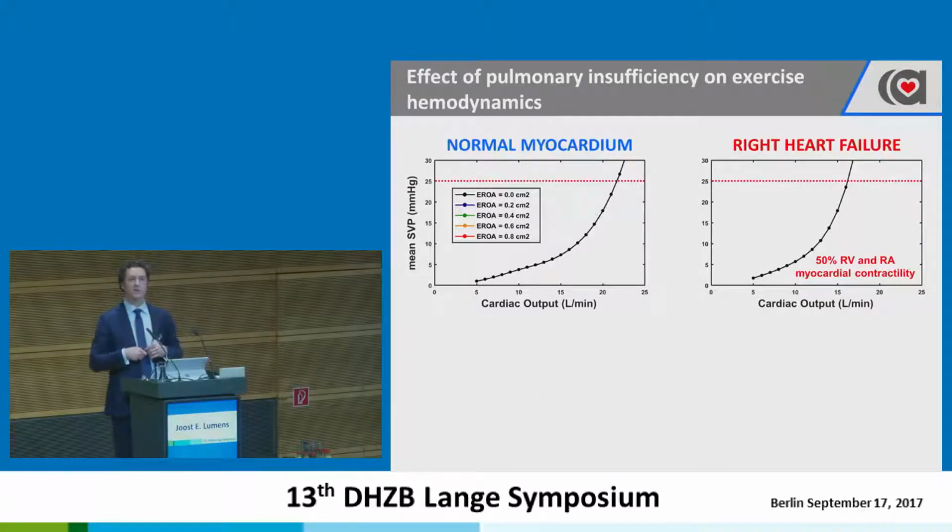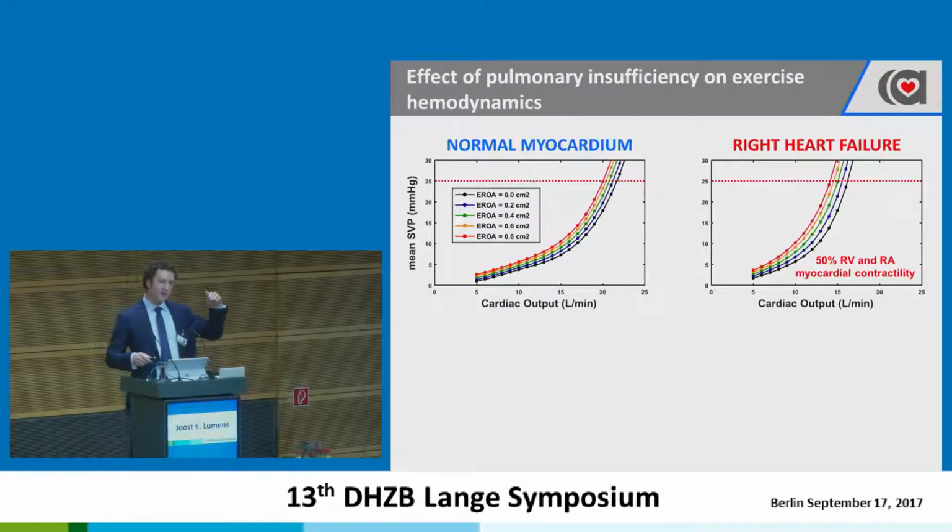I decreased contractility of the RV myocardium only. And then you see that exercise tolerance, if I may call it like that, is severely reduced because I reach this critical pressure much earlier than I do here. Here I reach 22 liters per minute, and here it's just 17 or something.